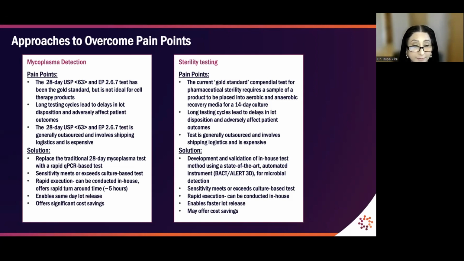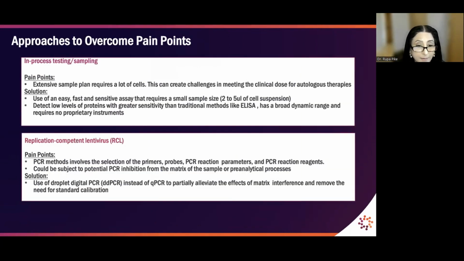Next slide, please. So here are a few more examples of approaches we can take to overcome the pain points. The top one is an example for in-process testing or sampling. So here the pain points are extensive sample plan requires a lot of cells.